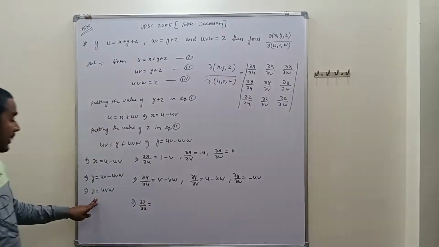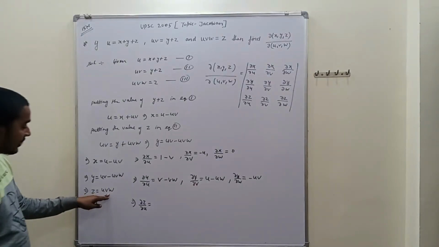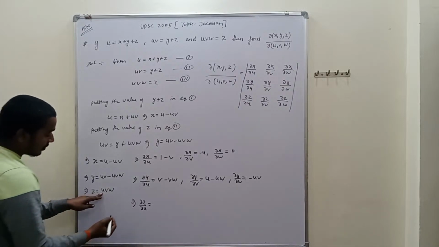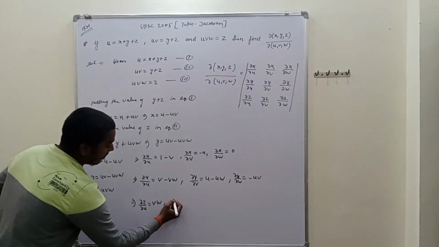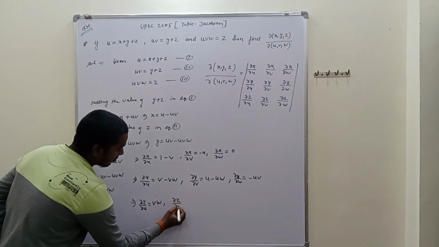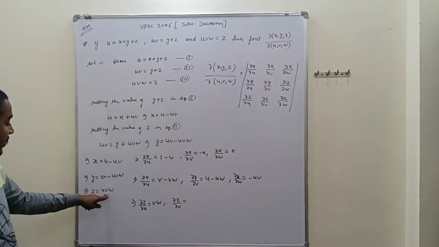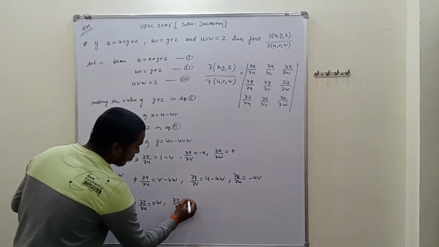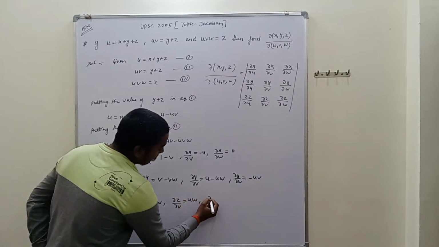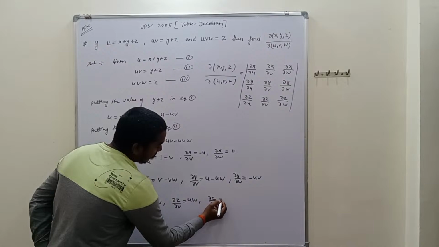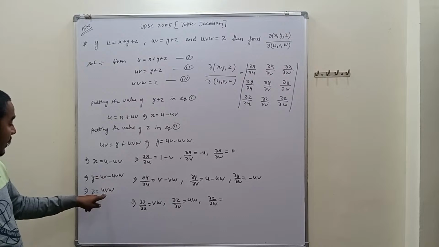The value of z differentiated partially with respect to u, taking vw as constant, is vw. Del z upon del v is uw, and again del z upon del w is uv.